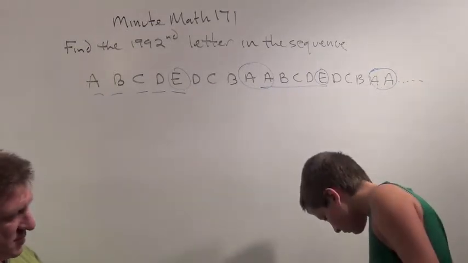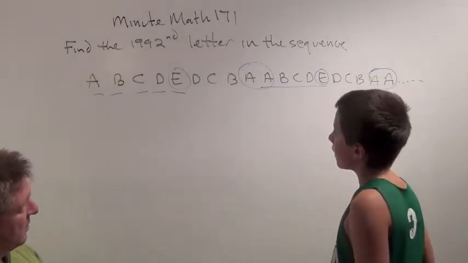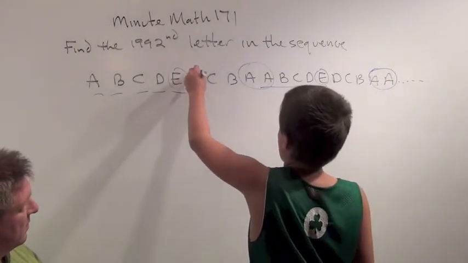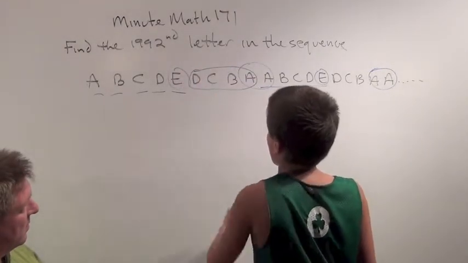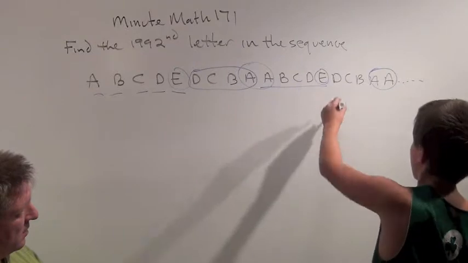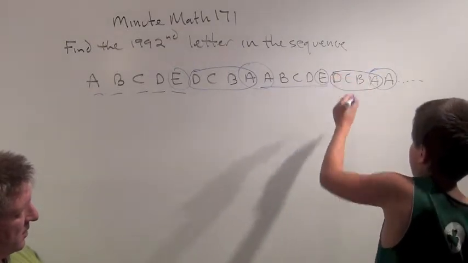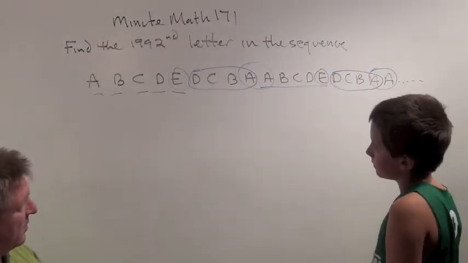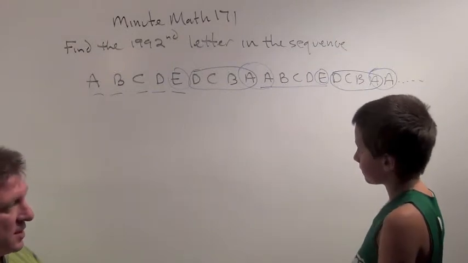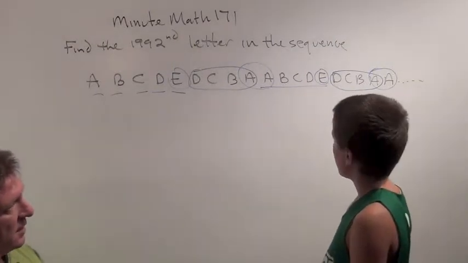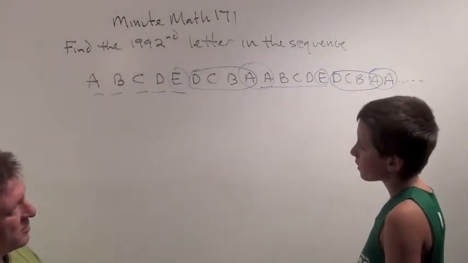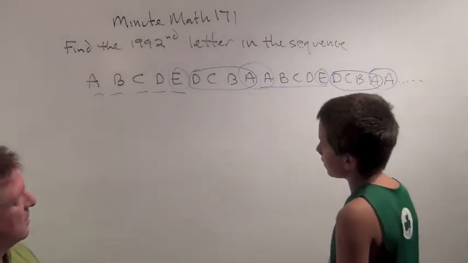So why don't you circle that too? D, C, B, A. Now, with all this circled on the board, it's a little bit hard to see, but do you see what repeats here? If you started saying all these letters, what would be repeating?